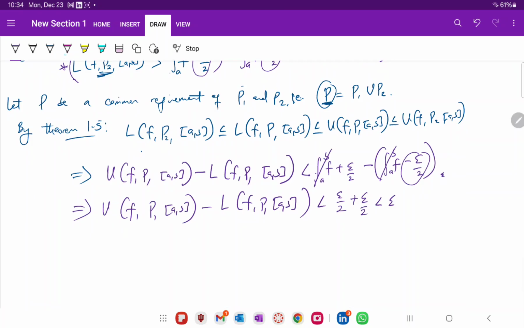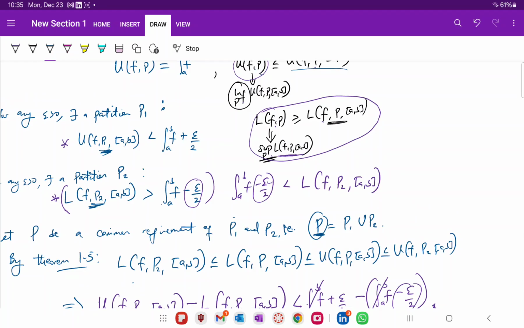So this implies that the upper Riemann sum minus the lower Riemann sum is less than epsilon. So that proves the forward direction.